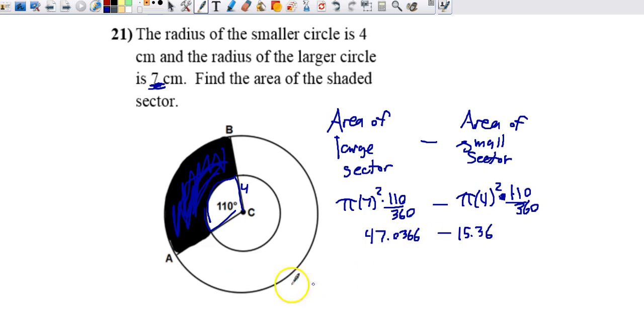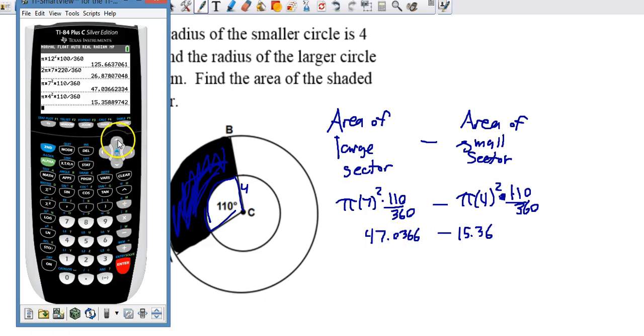And then the difference between those two, I'm just going to scroll up and press enter, and then subtract. We're looking at 31.6777.